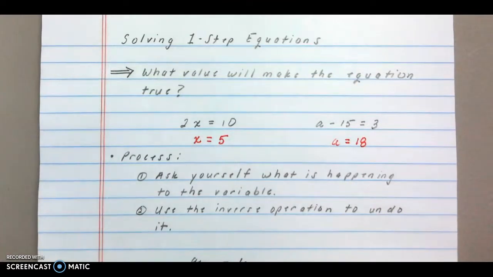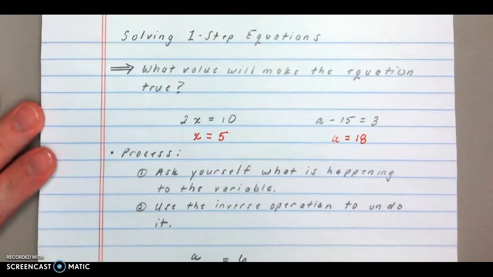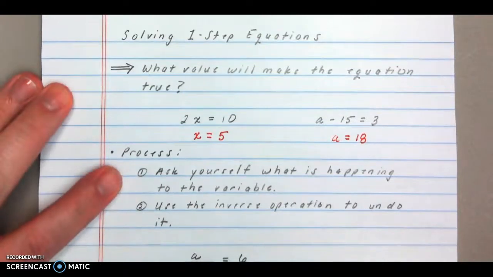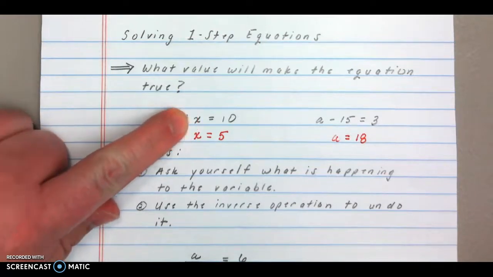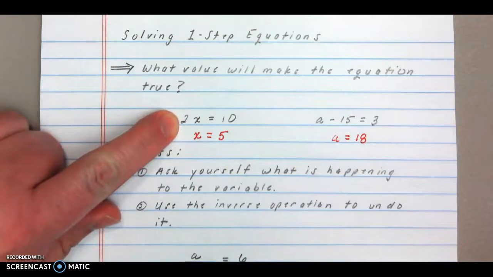So there's a process that you can use to help yourself when you're trying to solve equations, and it's basically two questions. The first question is you want to ask yourself, what is happening to the variable? So like in our first problem, the variable x has a 2 in front of it. That means that the x is being multiplied by 2.